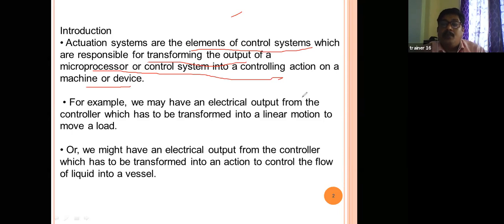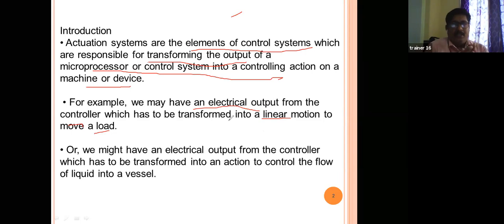In other words, we can call actuating as conversion. We can also call this mechanical actuation system a converter. See here, for example, if you have an electrical output from the controller, which has to be transformed into a linear motion to move a load. That means the converter, what I said to you, the output is an electrical output transforming into linear motion.